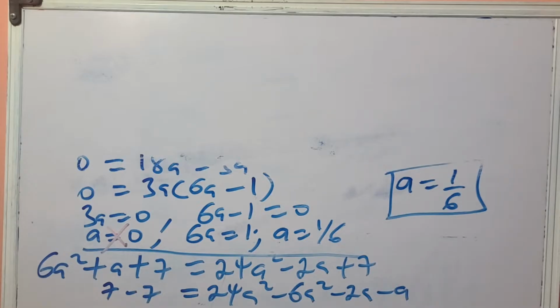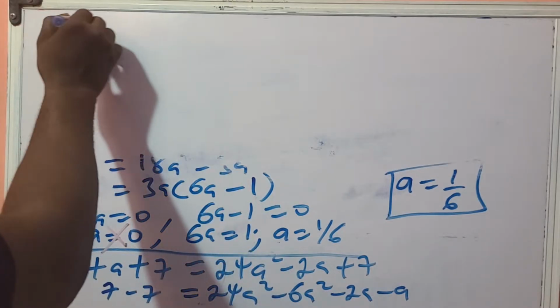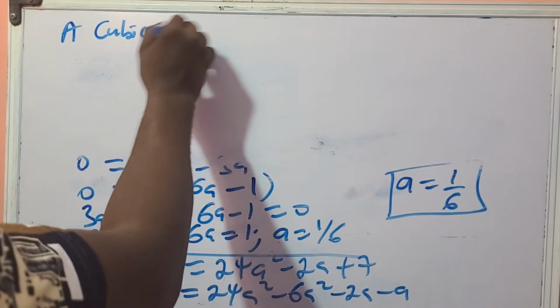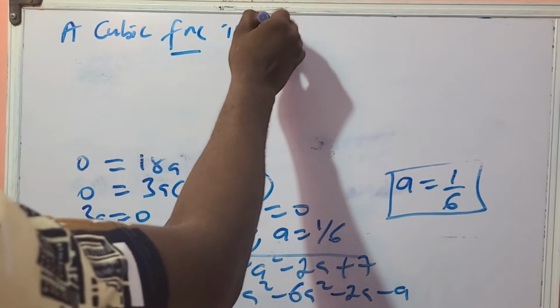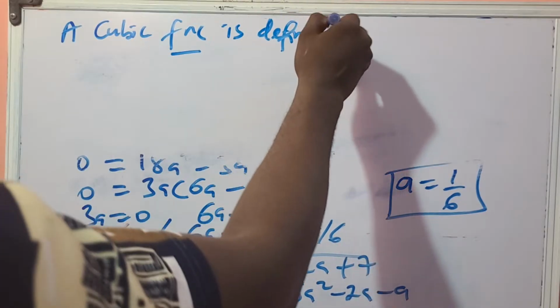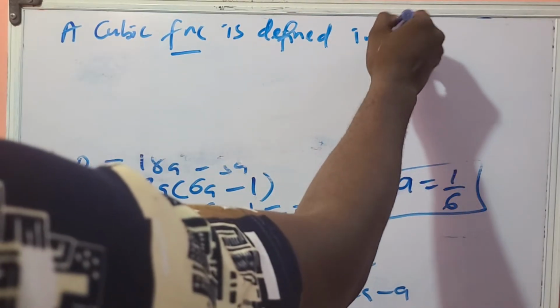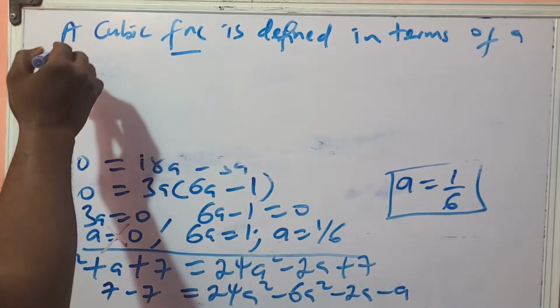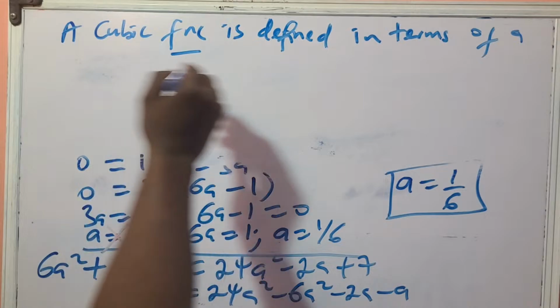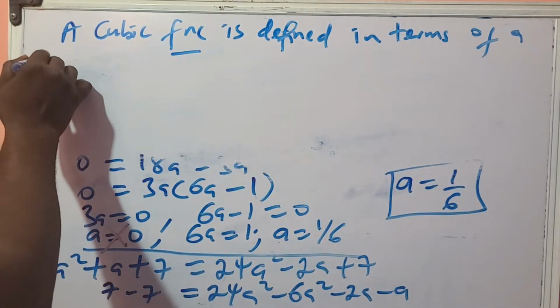So a cubic function, this is a function by the way, is defined in terms of a positive constant k.